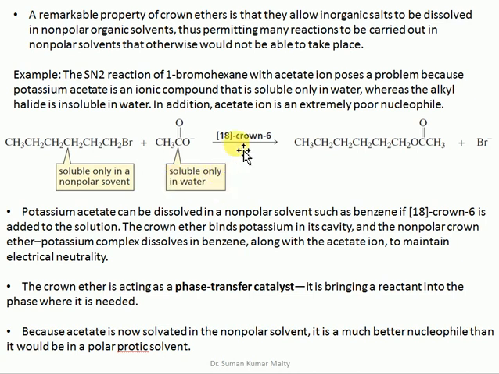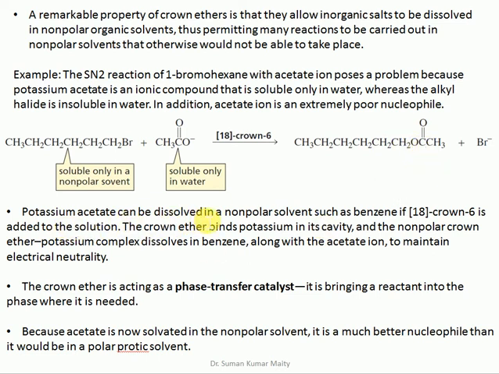Now if we use 18-crown-6, what will happen? The 18-crown-6 will coordinate the potassium ion inside the cavity, and it will migrate from the aqueous phase to the organic phase, and the acetate will migrate with it as a counter ion, and it will react with the alkyl bromide to produce the nucleophilic substitution reaction.